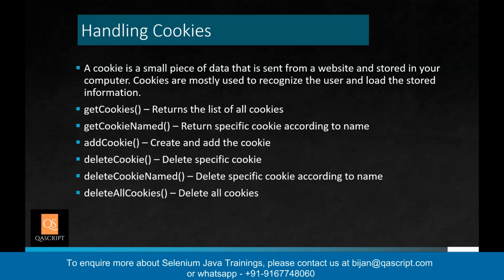Using these cookies, they can provide you recommendations on their website. If you are interested in a particular thing, they will store your activities in cookies, and then use that to recommend you their own things.